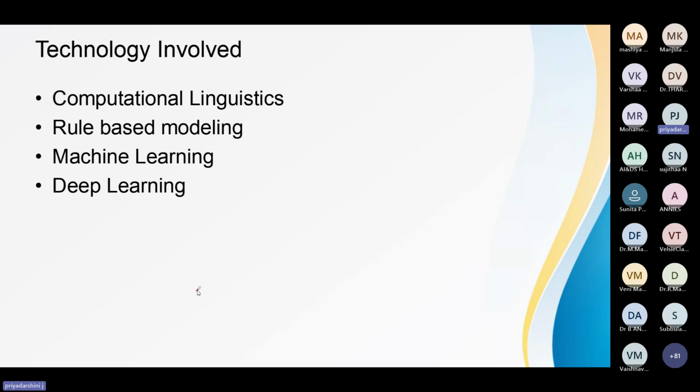Now, technology involved: we have computational linguistics, rule-based modeling. Rule-based modeling is used basically in law, especially the traffic side of law. When you jump a red signal, for sure there is a fine.